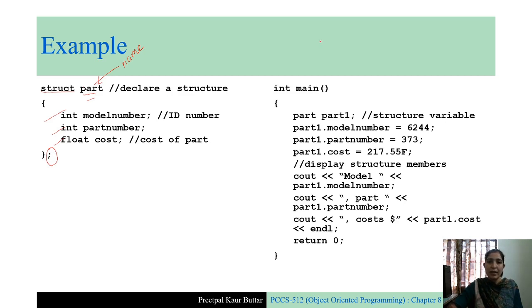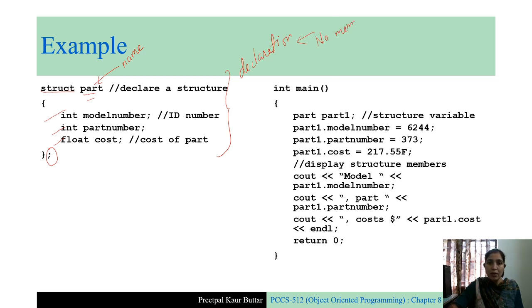Then inside main, what are we going to do? We are going to create the variables of the structure. This is just a declaration. Declaration means no memory is allocated to this structure.